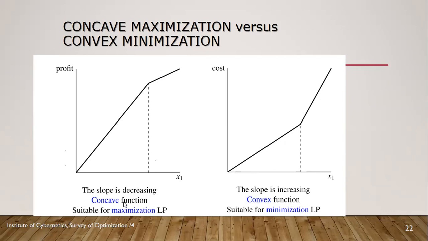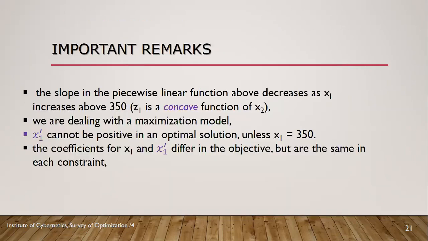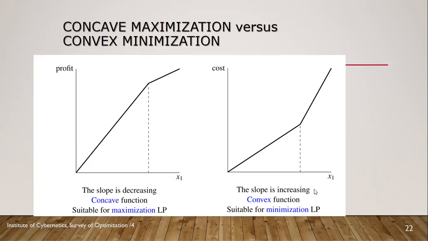Concave functions are suitable for maximization LP. So even though it is somewhat linear, if we speak about maximization, a linear programming model is suitable. And convex functions are suitable for minimization.